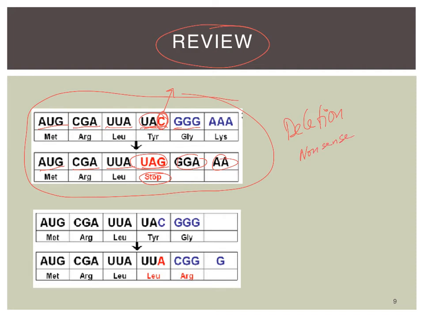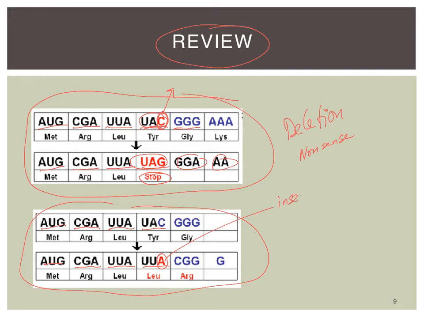And the second one here, okay, AUG, AUG, CGA, CGA, UUA, and UUA, all the same so far. UUC, UUA, and then CGG. So what happened here is this A was inserted, right?